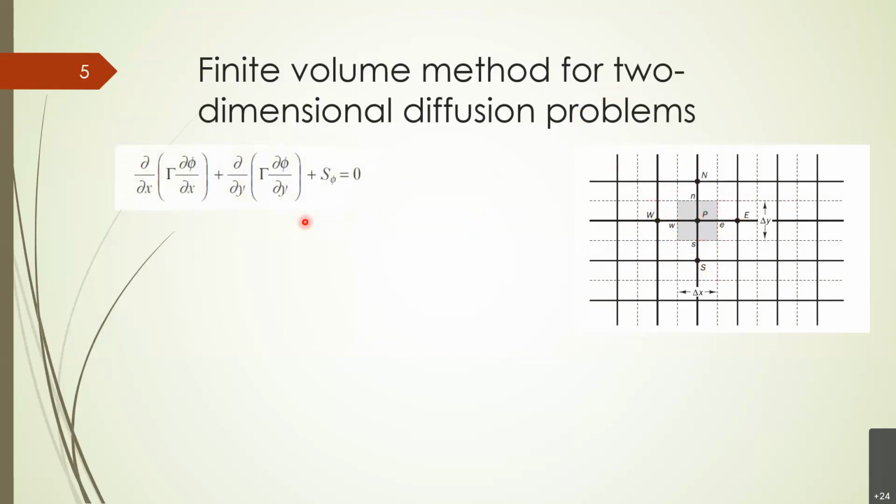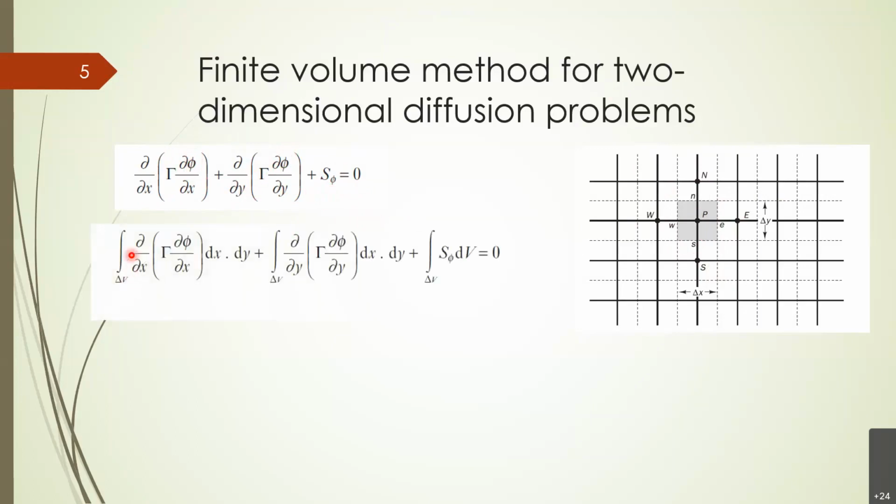So our equation is going to be like this: del over del x, gamma del theta over del x, plus del over del y, gamma del theta over del y, plus S theta equal to 0. The first part is represented with x, and the second one with y. The same thing that we are going to do is the integral over the control volume of our space. As you can see, this is the dark square here.